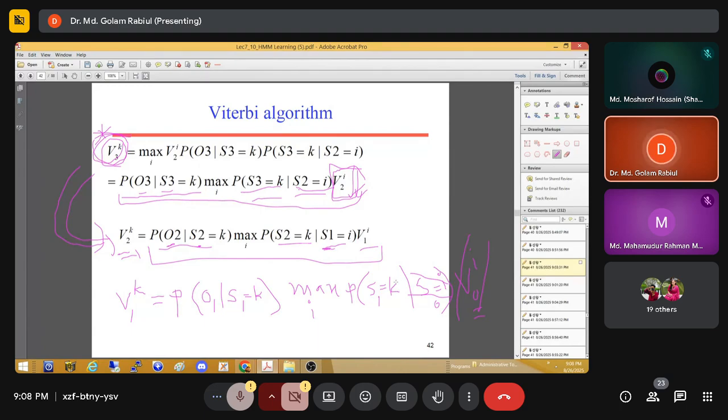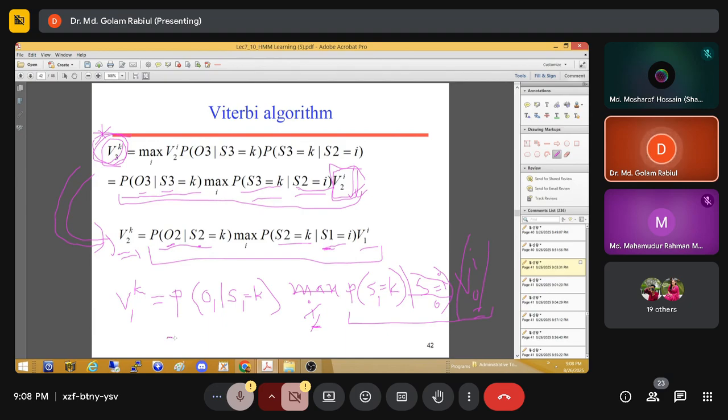So now the probability of S1 equal K given S0 equal I actually will be just the probability of state 1 equal K. Now we can see the variable here is the maximization over I, but there is no I in this part. So actually there is no maximization over I either; there is no impact of maximization over I there.